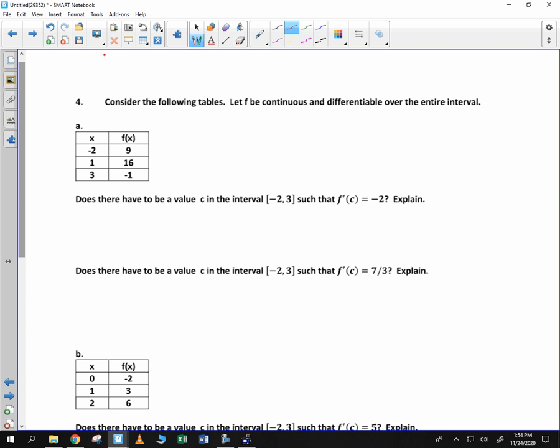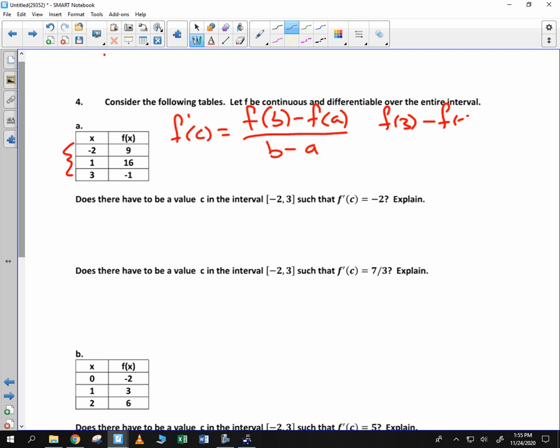It says, does there have to be a value c in the interval from -2 to 3 such that the derivative is -2? Well, what that means is there an f prime of c that satisfies f of b minus f of a over b minus a? So is there a time where the slope has to be -2? Well, let's look at the change over the entire interval. Let's look at f of 3 minus f of -2 over 3 minus -2. Okay, let's see what we get.